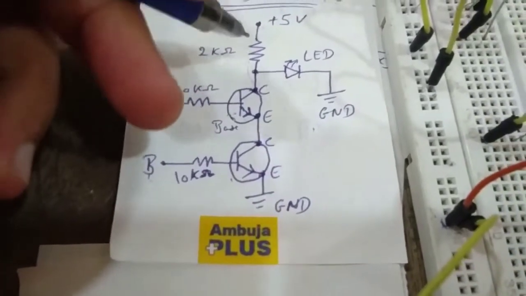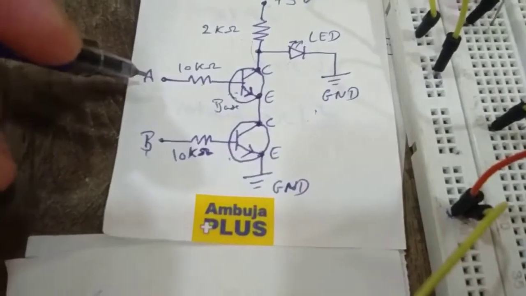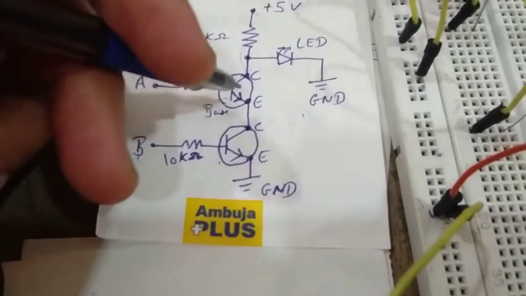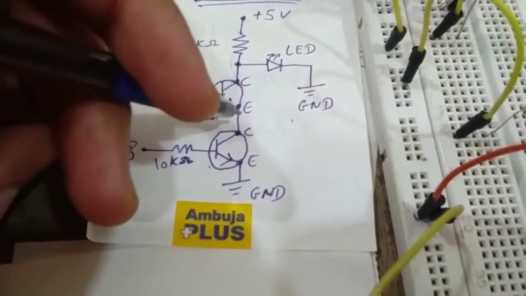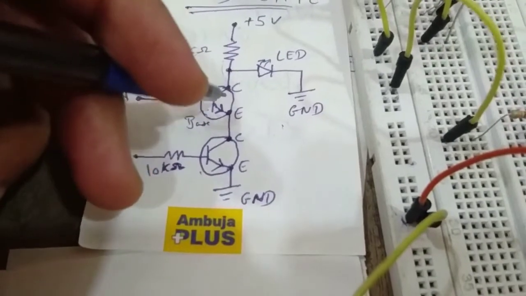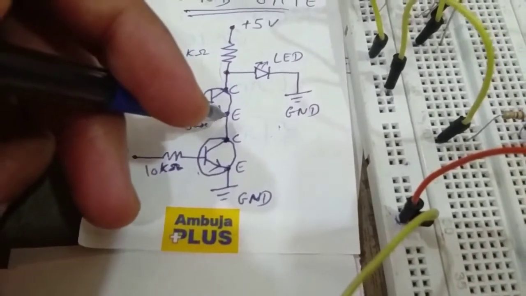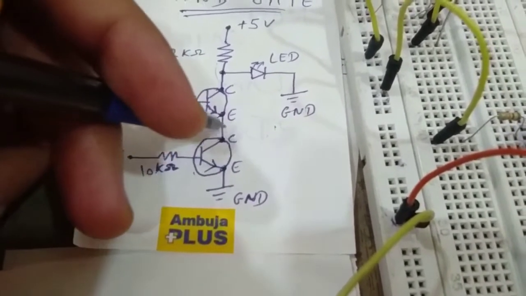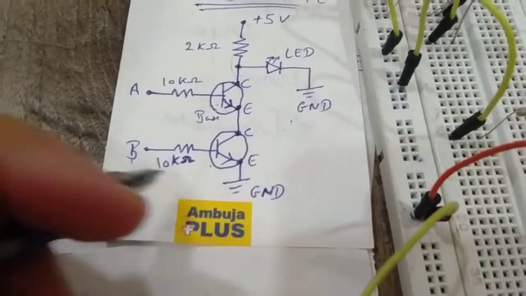The 5-volt supply will be passing through this to the first transistor's collector, and A is high. So A is high, that means this base, acting as a switch between collector and emitter, would allow the connection between collector and emitter, and hence this high voltage current would pass from collector to the emitter, and from this emitter, being in series connection with this collector, there will be current at this collector also, and also B is high for this case.